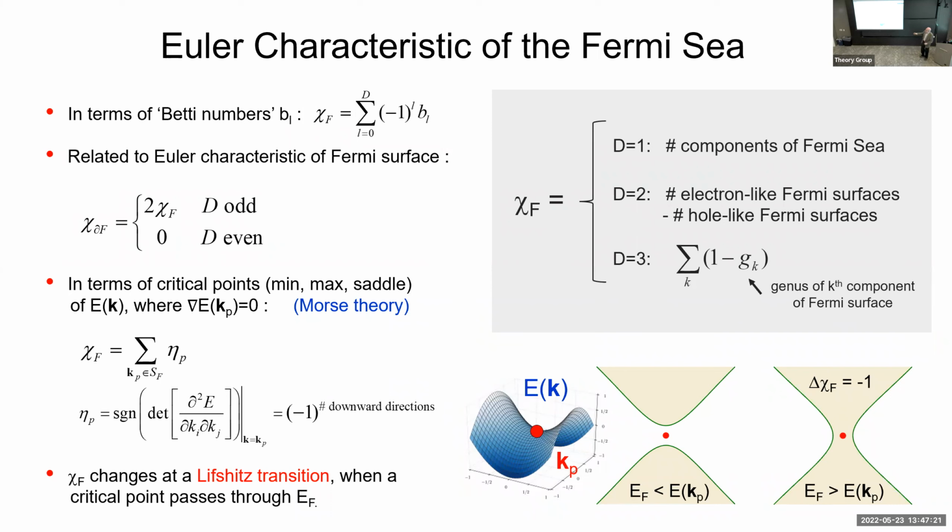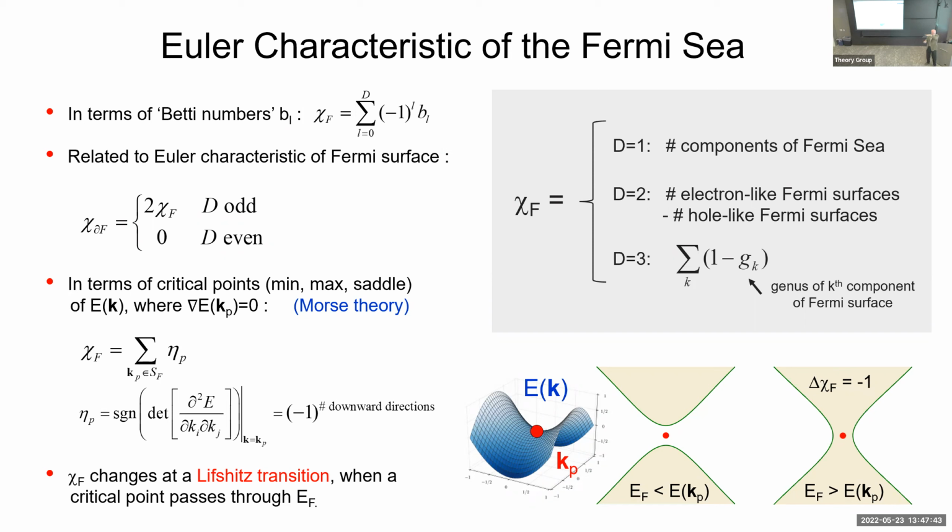Another way you can think about it, which is the way I like to think about this Euler characteristic, is in terms of the critical points of the electronic energy dispersion. This is the subject of Morse theory, and the energy E as a function of k is a Morse function.